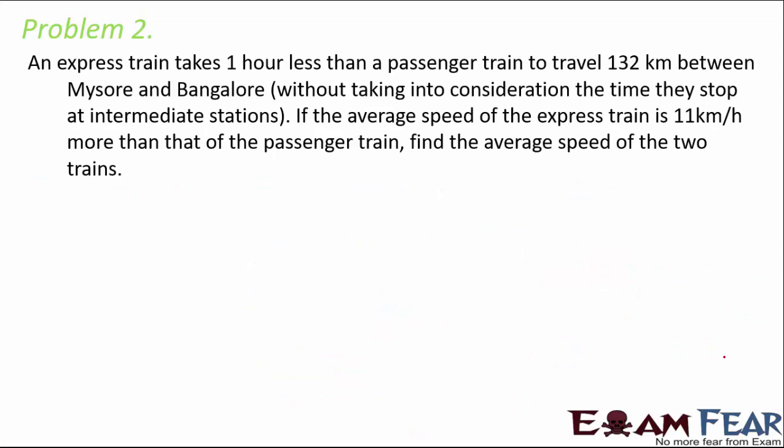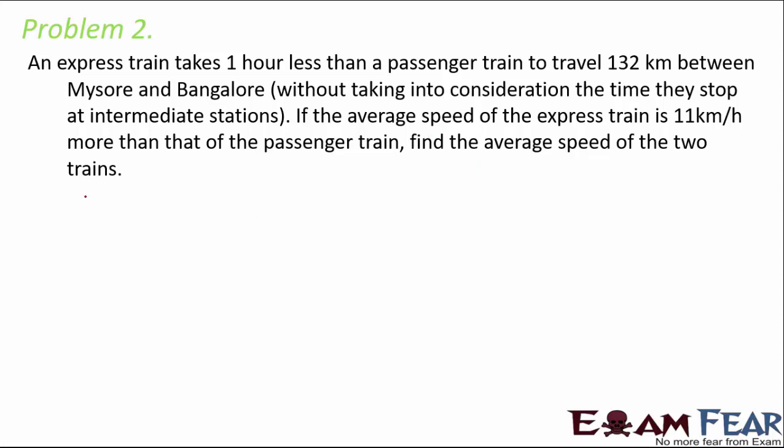Let's look at another problem. An express train takes 1 hour less than a passenger train to travel 132 km between Mysore and Bangalore, without taking into consideration the time they stop at intermediate stations. If the average speed of the express train is 11 km per hour more than that of the passenger train, find the average speed of the two trains.